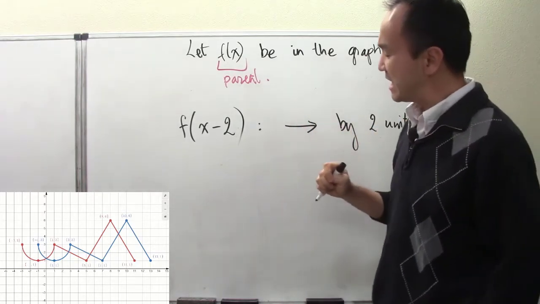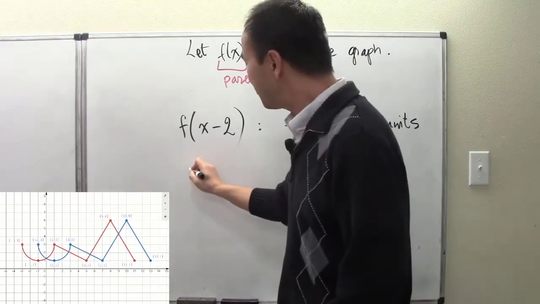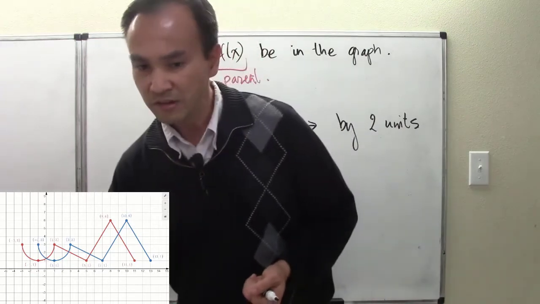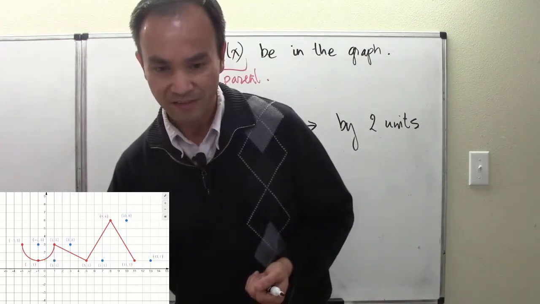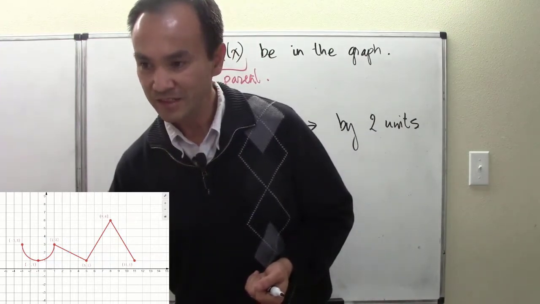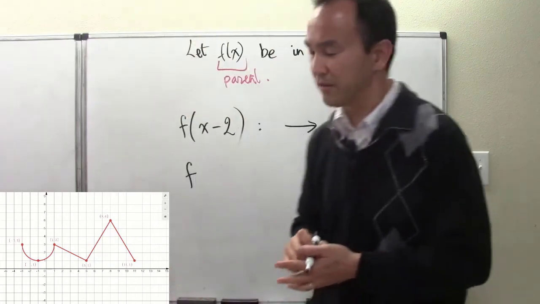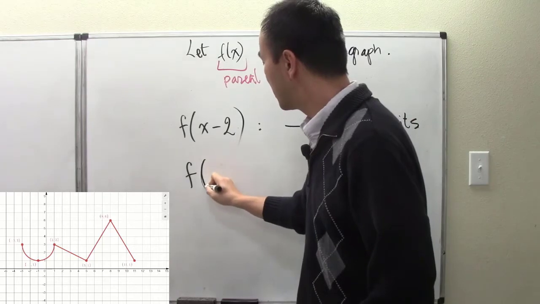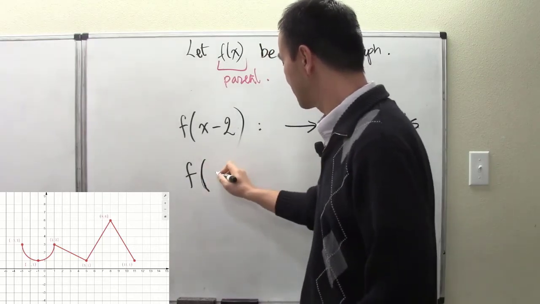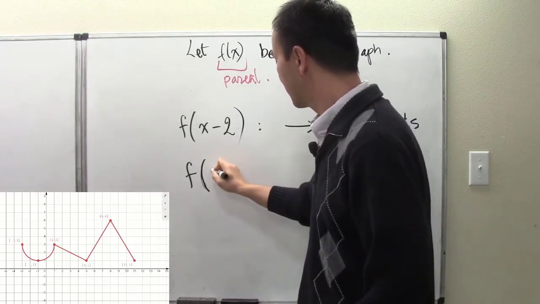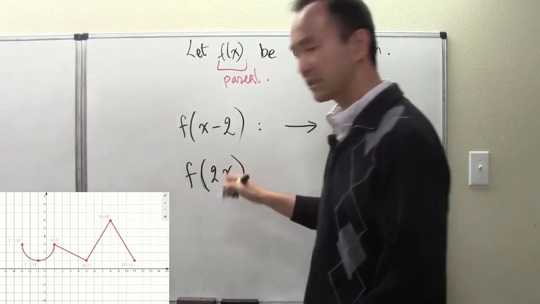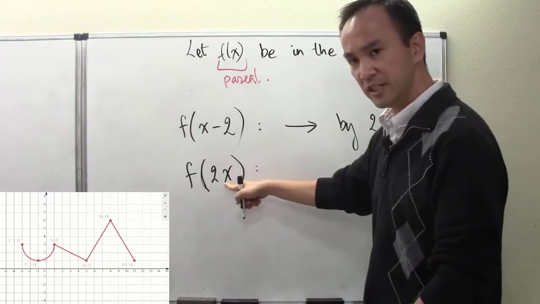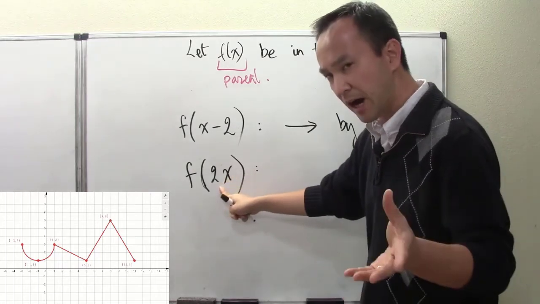Now I'm going to put the graph away and stay only with the original parent function. If we're doing, for example, f of 2x right here, then the value here is positive.